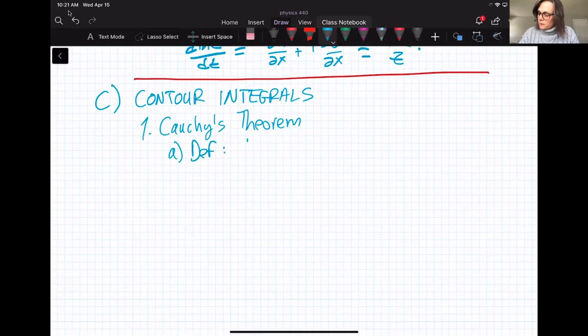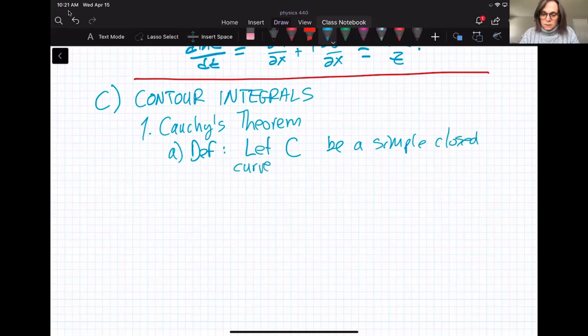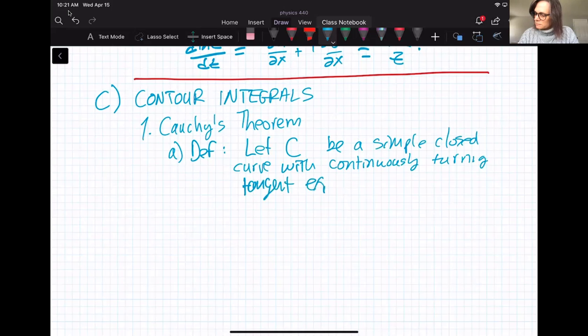And the idea is that we'll let C be a simple closed curve with continuously turning tangent, except at maybe a finite number of points.